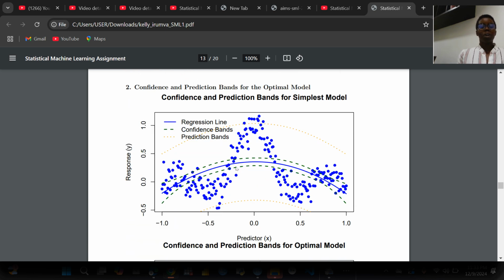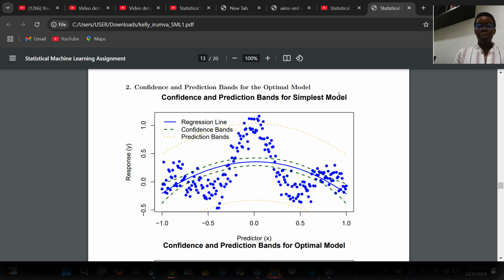We continue with the confidence and the prediction bands. What we have to know here is that when the lines for the confidence or prediction bands are pretty wide, it means that there is a lot of uncertainty.